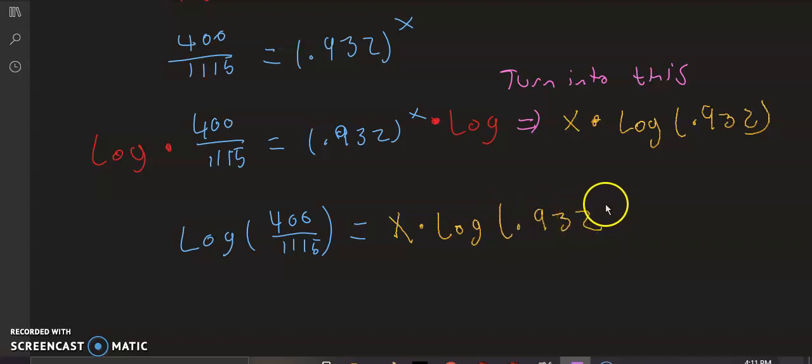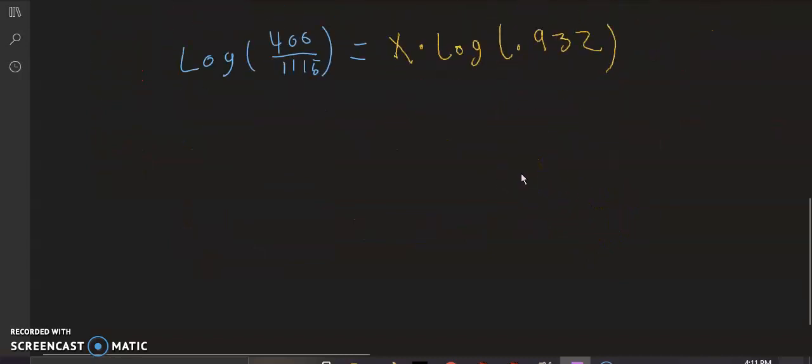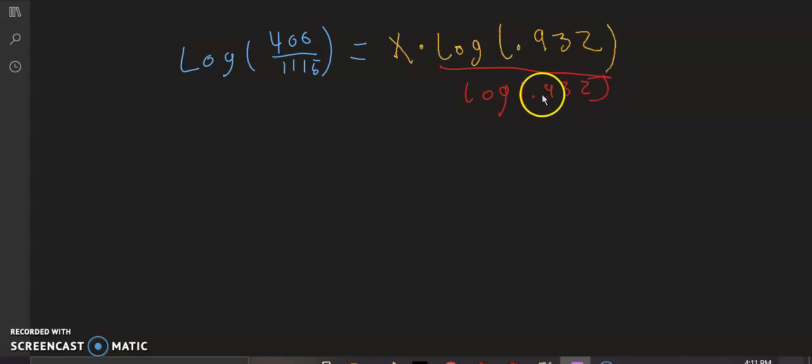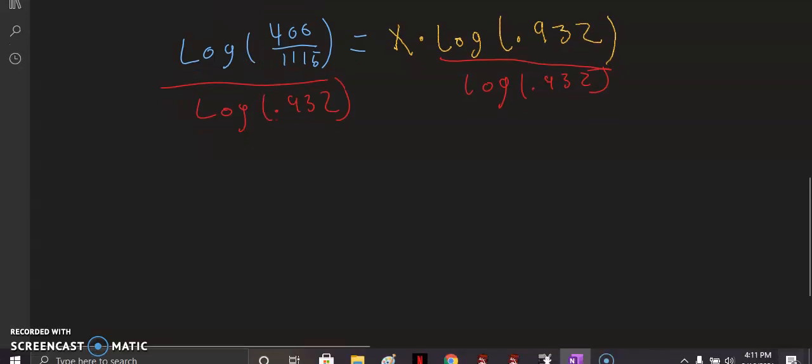Oh, I forgot to close it. Sorry. And after this, what we get is we just have to divide this logarithm by the other logarithm. Logarithm of 0.932 over this logarithm of 0.932.